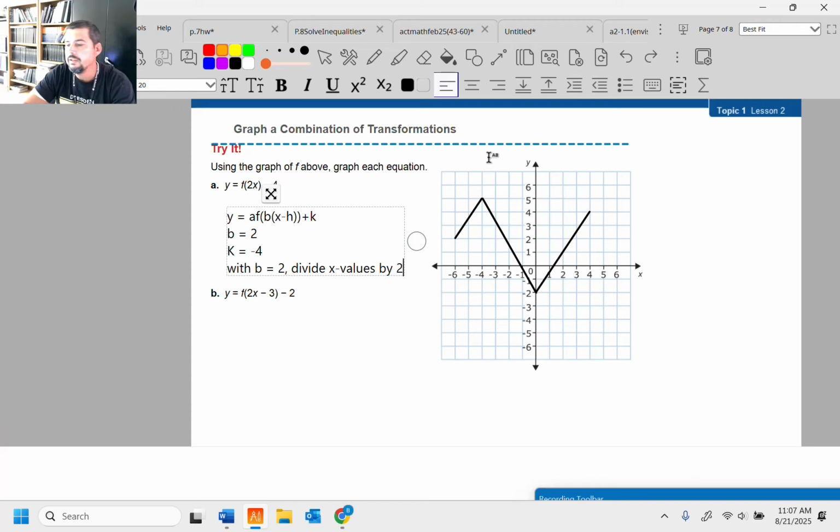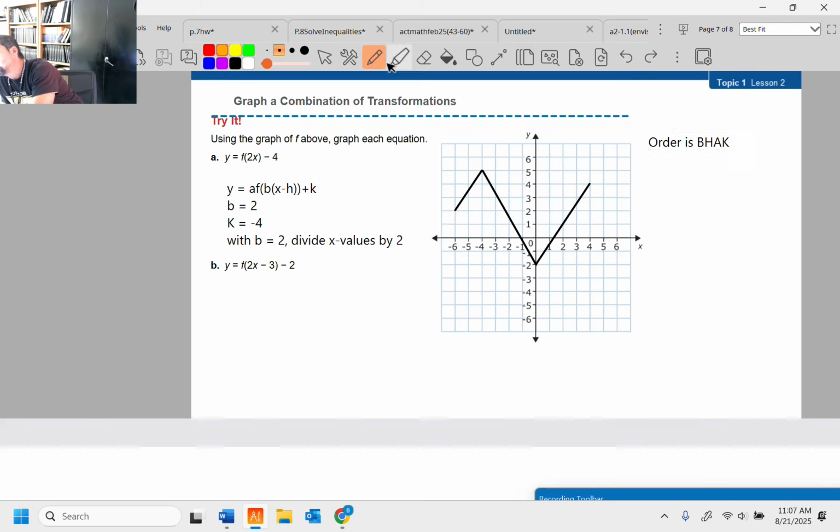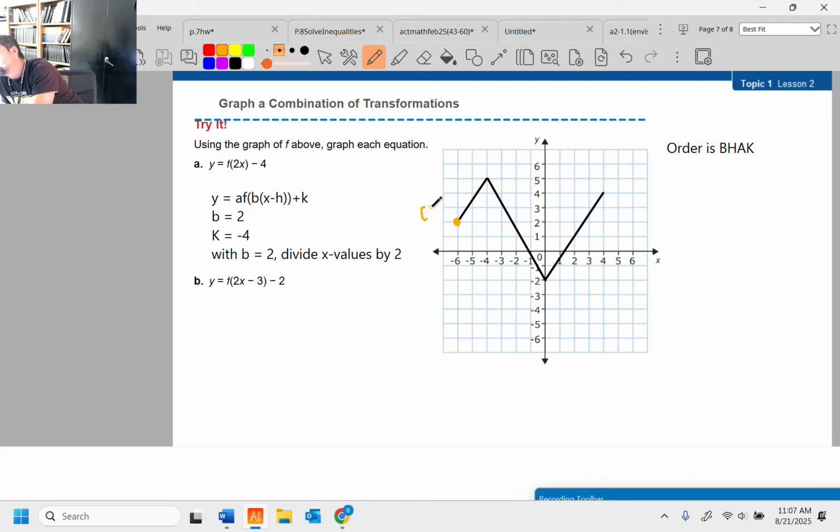Now, why am I talking about b first? Because, again, the order is Bahak, B-H-A-K. So I've got to do b first. I'm going to plot some points here so I can easily see them and take half. This is at negative 6, 2. Negative 4, 5. 0, 2.